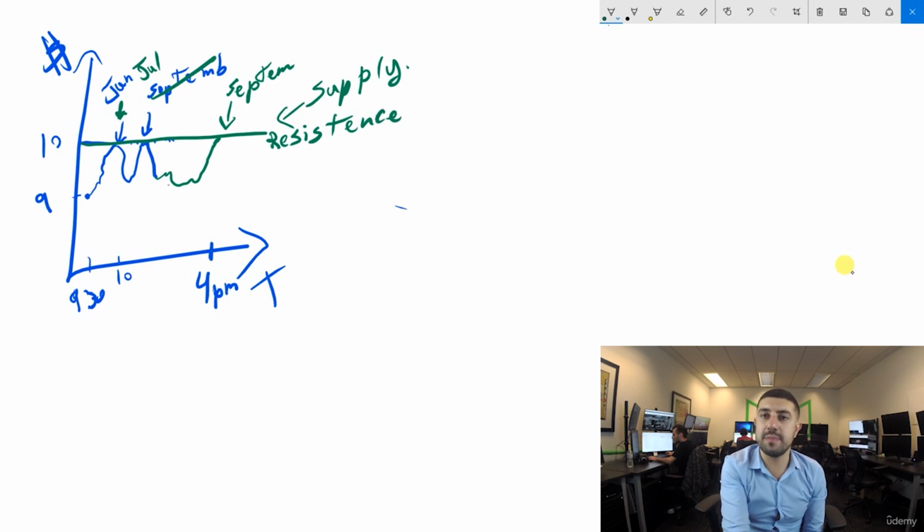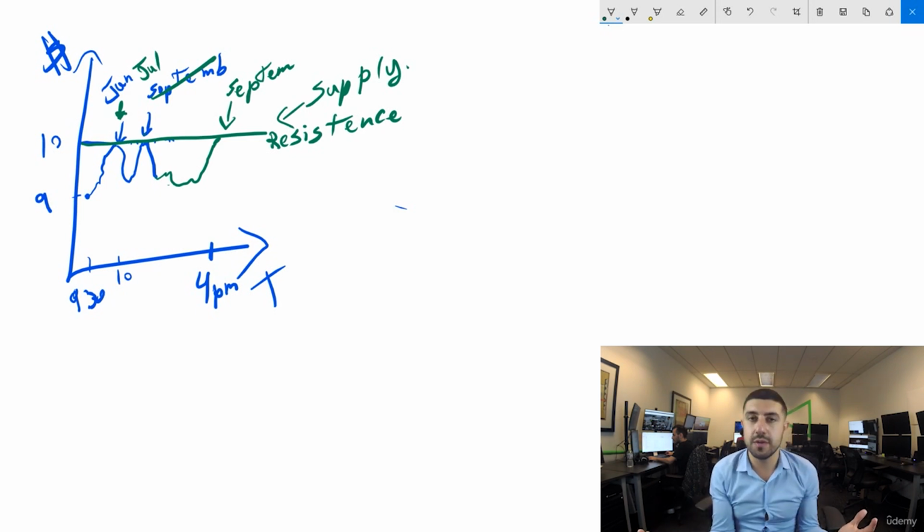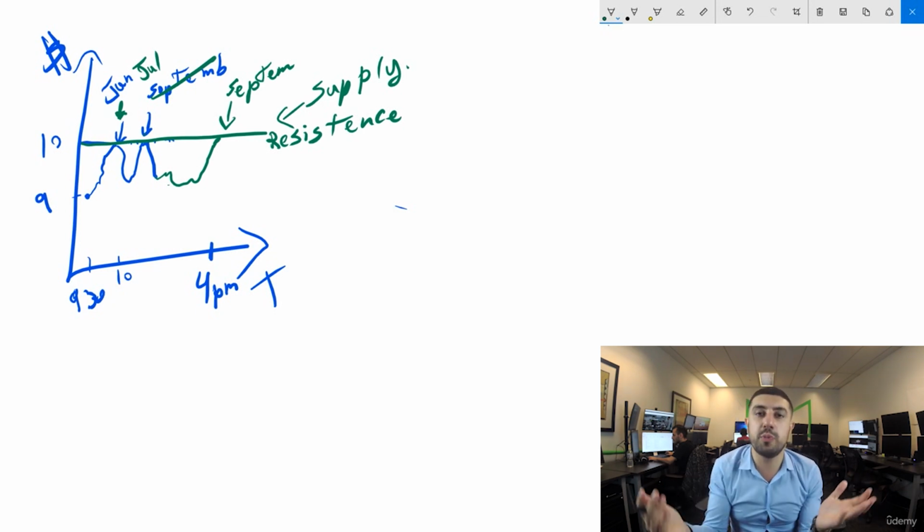Do we expect that the same sellers that were here, that were a resistance to the price and couldn't be broken through, are these orders still here several months later? We don't know, right? Maybe not. Maybe they got their positions and they're done and now things changed.